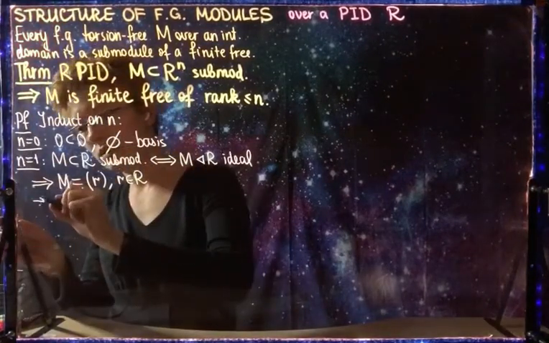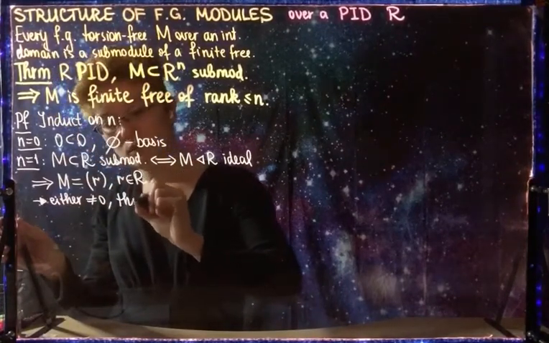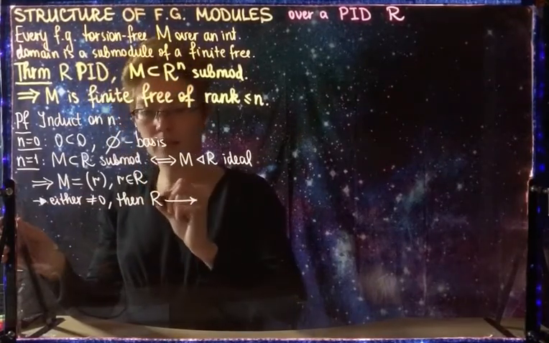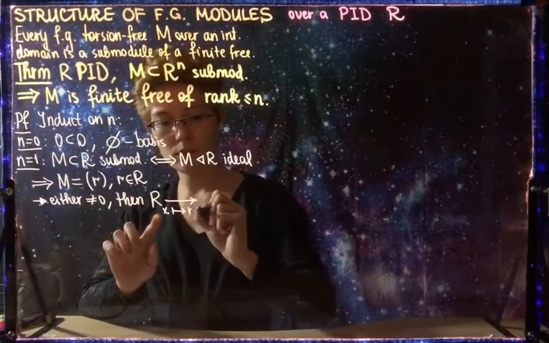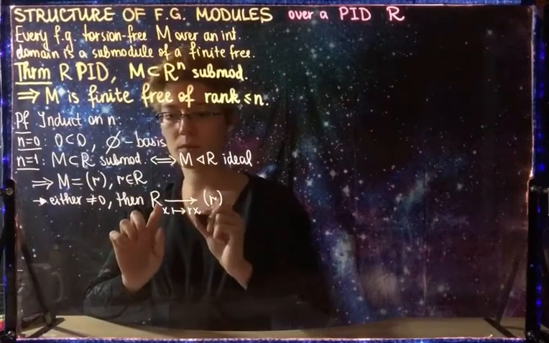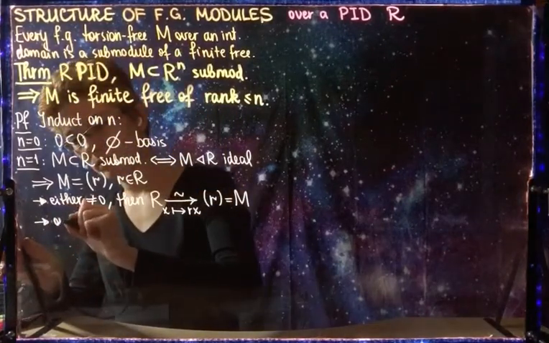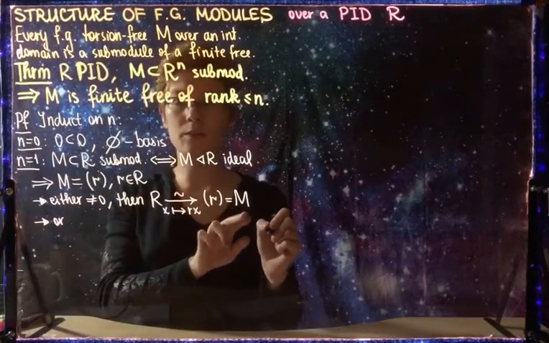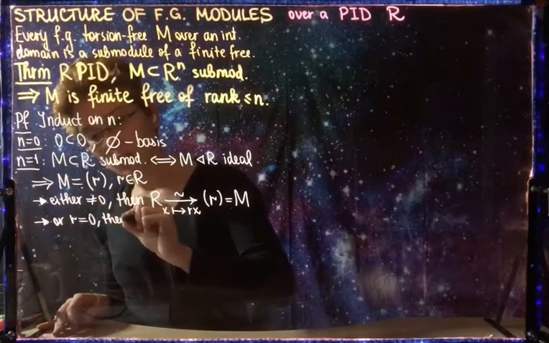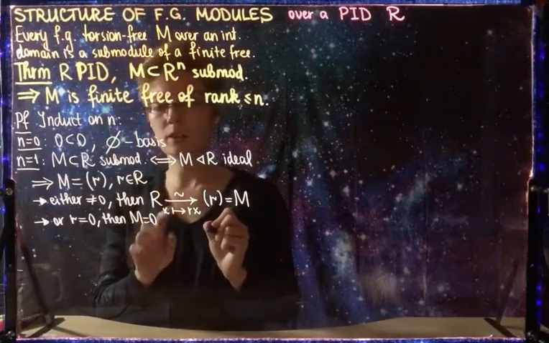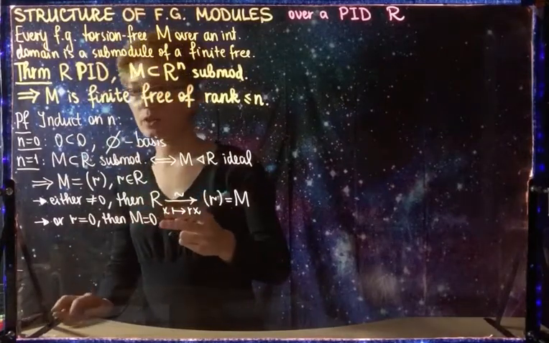And then either r is non-zero, and then multiplying every element of R by r, x goes to rx, we get an isomorphism of R with M. And then M is a free rank 1 module, or r is 0, and then M is 0, and it is a free rank 0 module. So this was the base of induction.